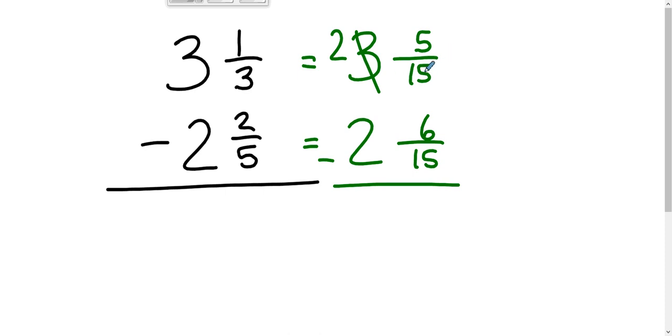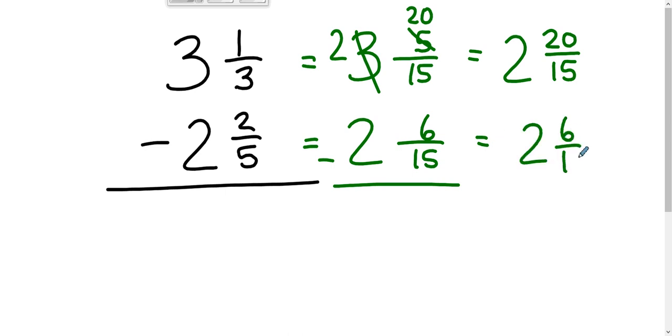And 15/15 plus 5/15 is 20/15. So this is 2 and 20/15. This is 2 and 6/15, and we're going to subtract. So this is now doable, and we've got it.